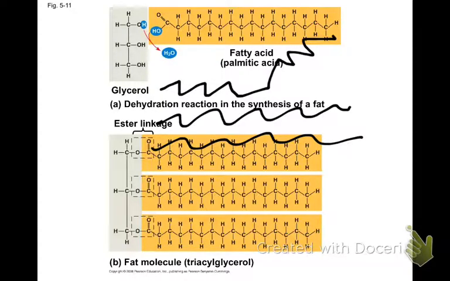No, which means it will stay a liquid at room temperature. This is what I mean by unsaturated fatty acid: it does not have enough hydrogens to satisfy all the carbons with just single bonds.